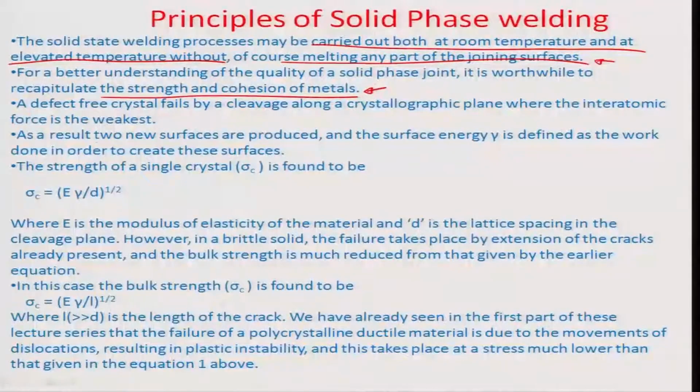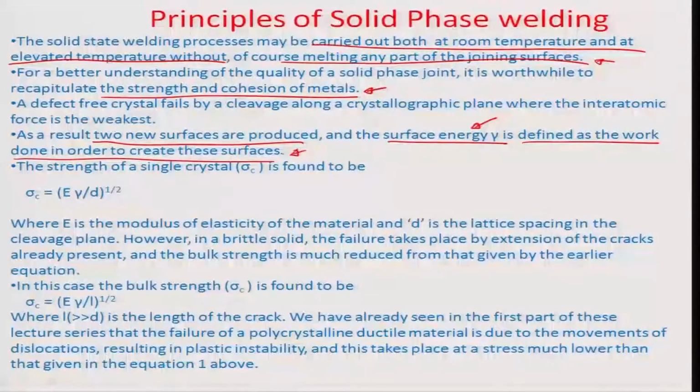And the two new surfaces which are produced demonstrate a surface energy gamma, and this energy is basically defined as the work done in order to create those surfaces, which you are doing externally. Obviously, you are pulling the material to get this crack initiated between the material. So, whatever energy you are applying to the system goes into the formation of those two new surfaces, okay, along which the crack has actually formed.